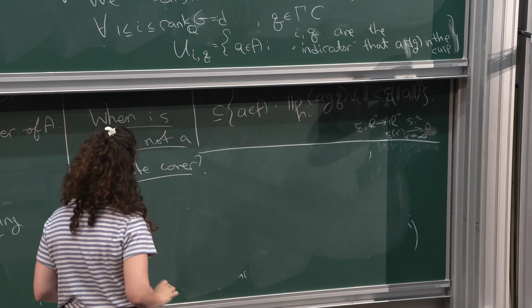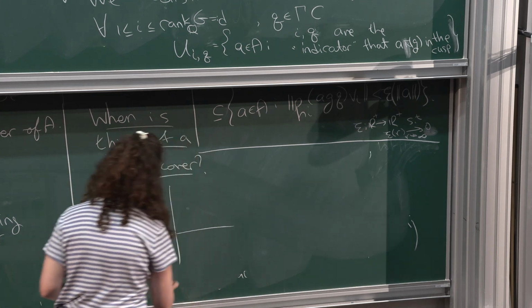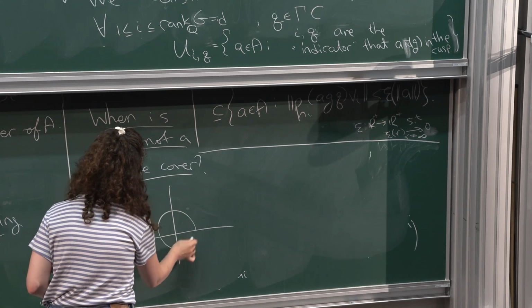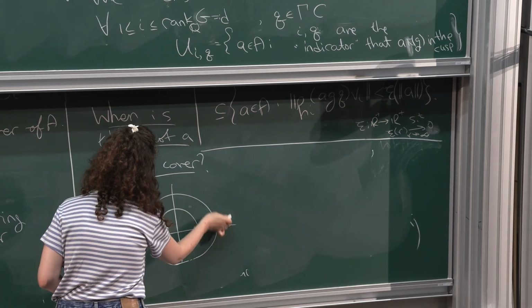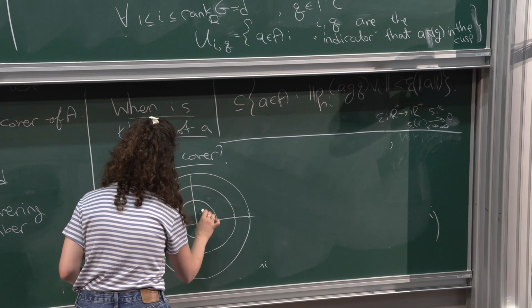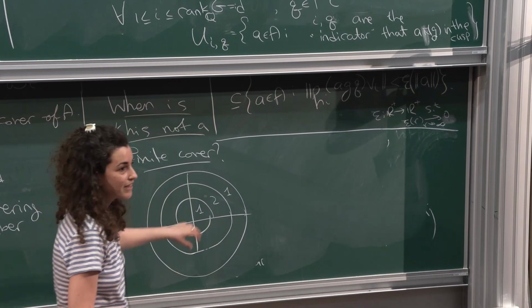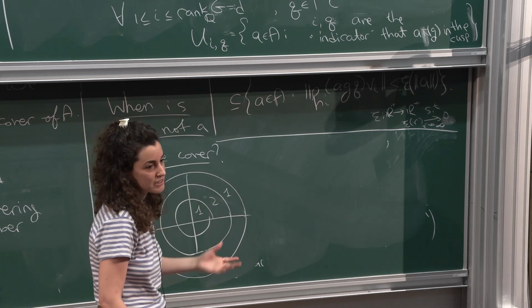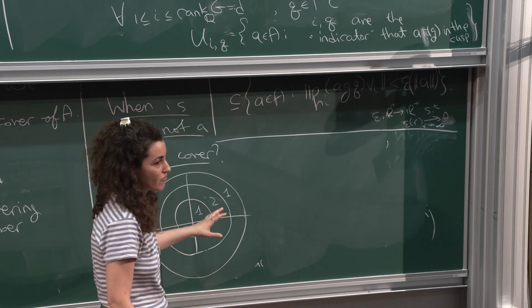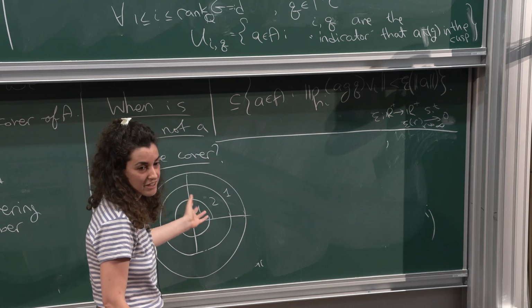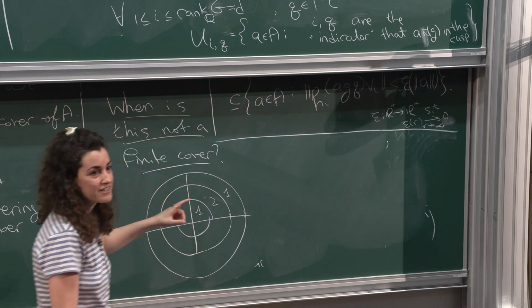When is this not a finite cover? So one example you can think of is just taking these circles. So if you say this is type 1, this is type 2, this is type 1, and so on, I can do this cover, and then I have covering number 2, and this is the cover of R^2, and this works, right? But why is it not the case for us?